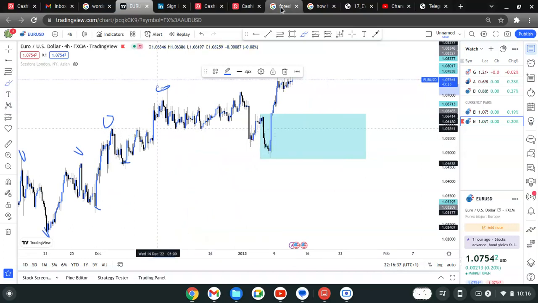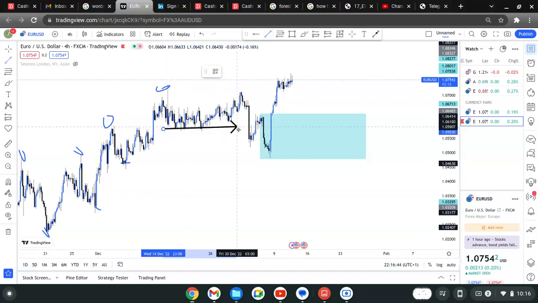Yeah, this zone is where many retail or inexperienced traders are basically buying from the last touch. Remember one time I was reading, is it Naked Forex?